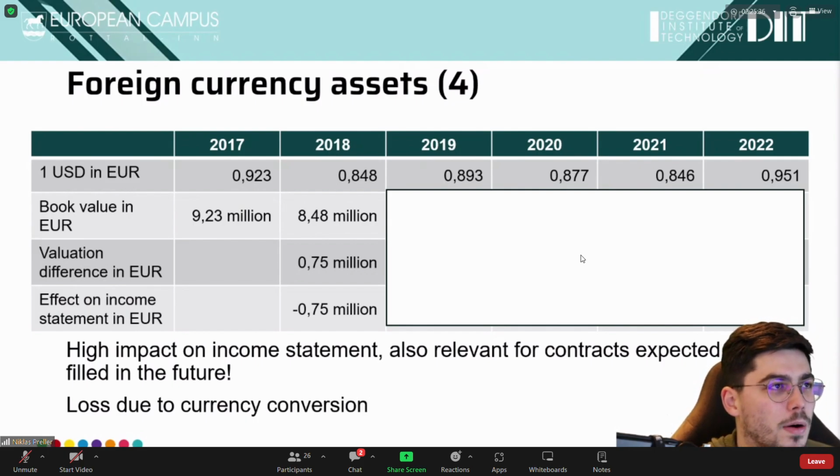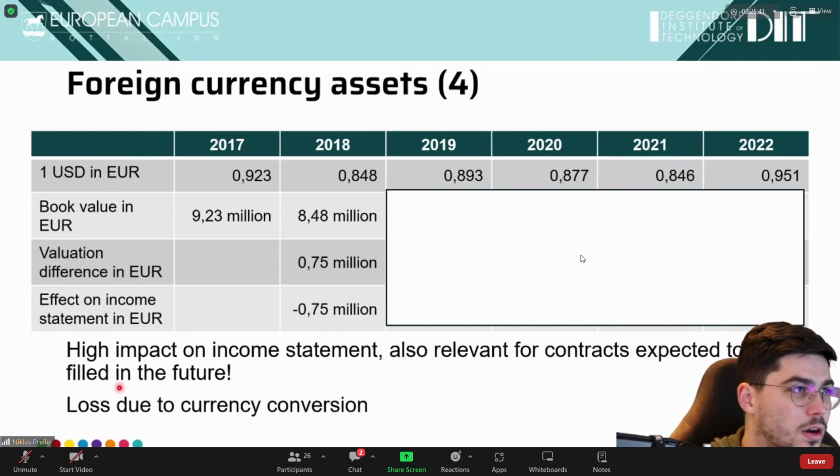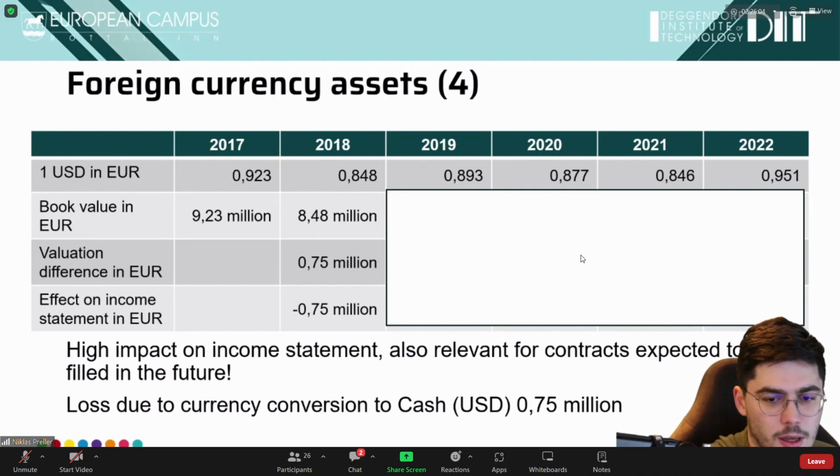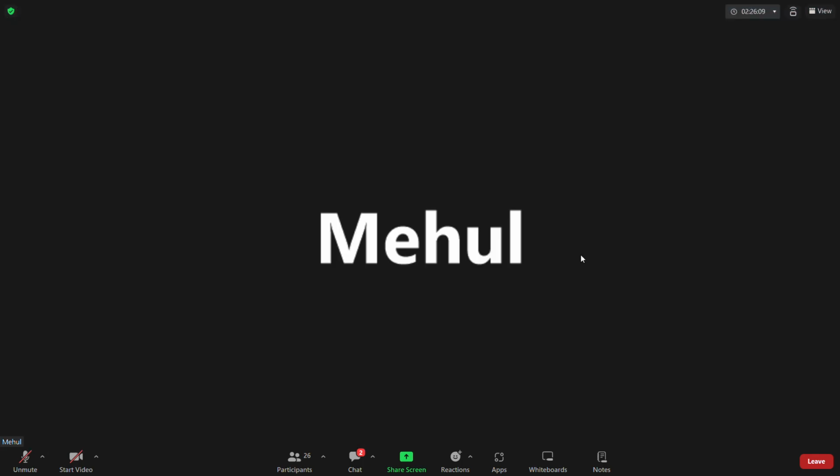So this would be our expense account for that, loss due to currency conversion. Let's call it in line with all the others, cash, but USD, our USD cash account. So this is this loss that we just calculated, or that we just take out of this table.